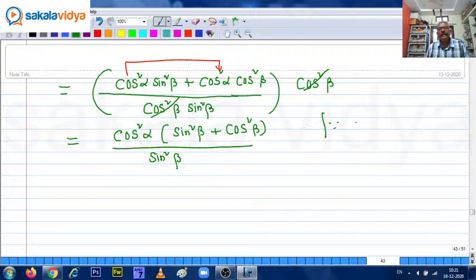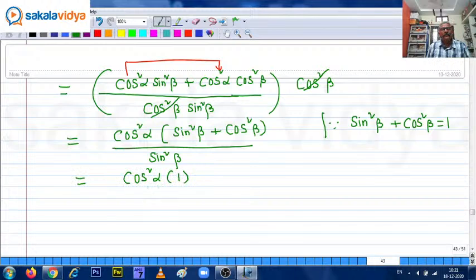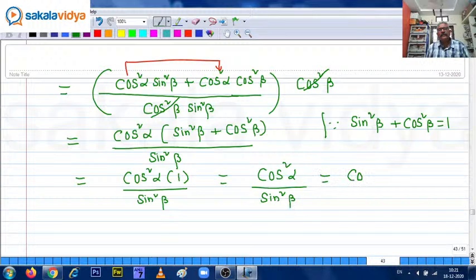Here we have sin square beta plus cos square beta equals 1, because sin square theta plus cos square theta is equal to 1. So we get cos square alpha into 1 upon sin square beta. So we get cos square alpha by sin square beta. This is cos alpha by sin beta whole square.